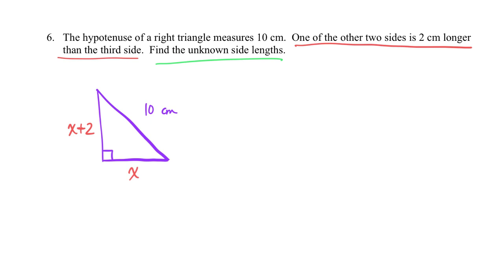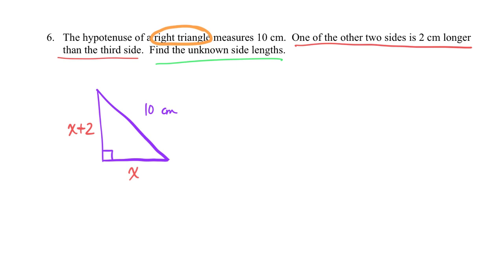You are responsible for understanding all the relationships that you've been exposed to in the past. This one you've been exposed to for a number of years. So even though it doesn't explicitly state it in the problem, it does tell you that that shape is a right triangle. And you know how the sides of a right triangle relate to each other.